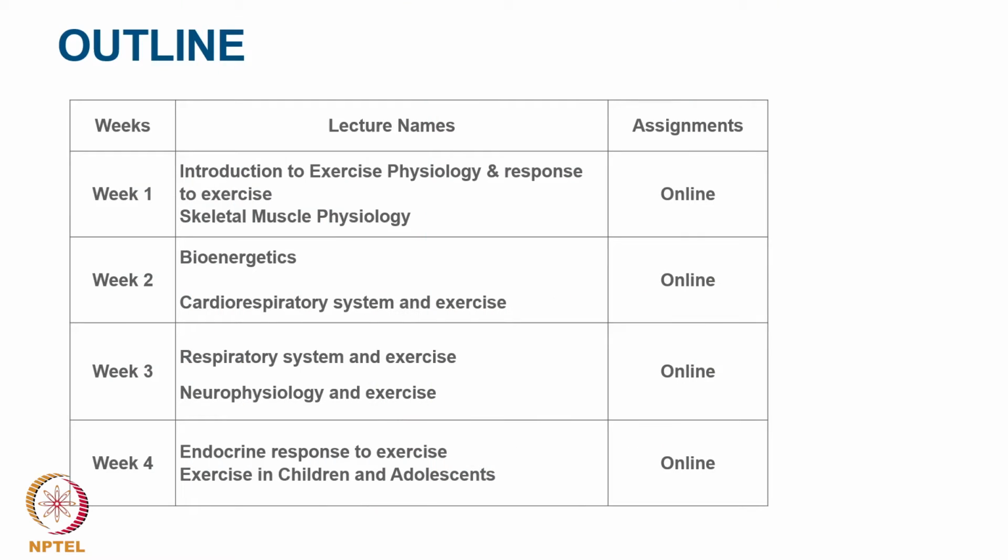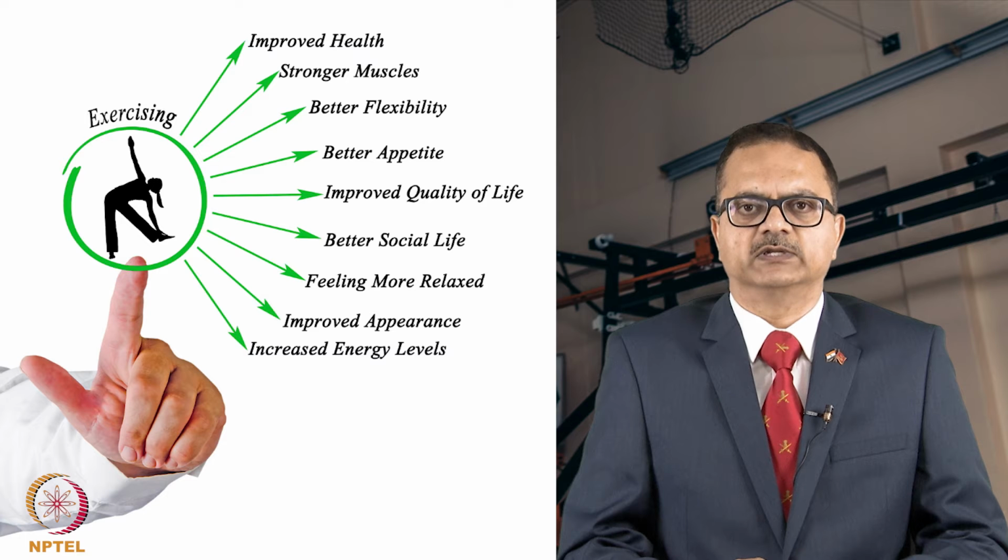In week 1, we will learn about introduction to exercise physiology and the responses to exercise. So we'll talk about what is exercise physiology. We'll talk about some of the history of exercise physiology. We will talk about what are the responses of the various body systems to exercise. We will talk about how exercise affects the body in an acute fashion and how exercise affects the body in a long-term fashion.